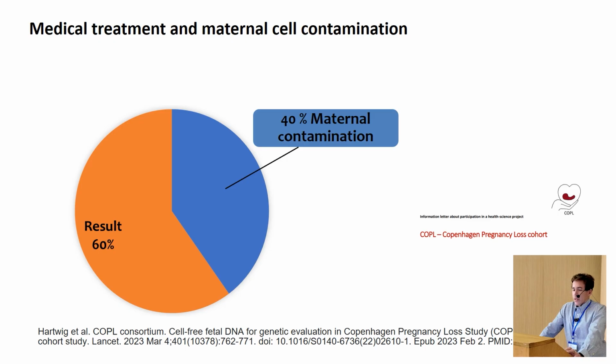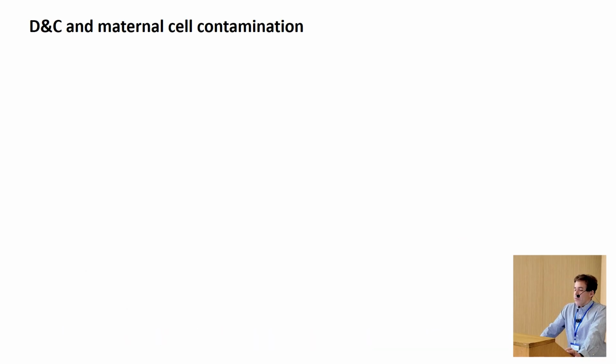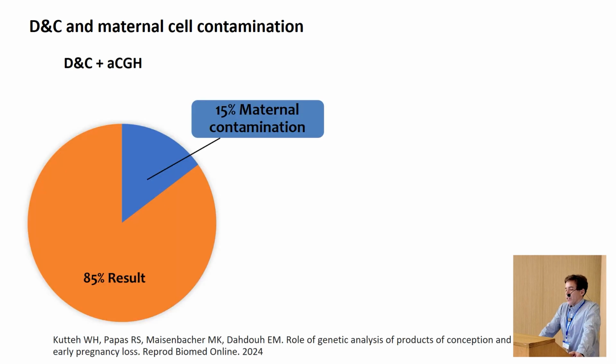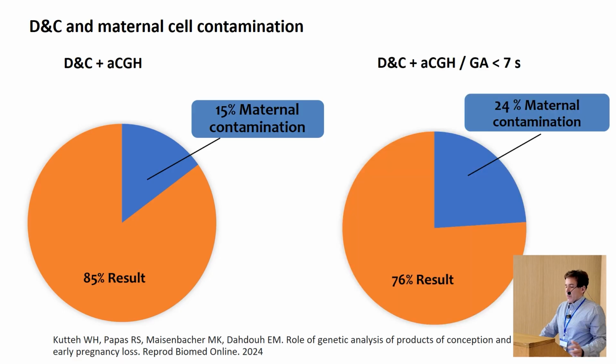And when we do D&C and ACGH, 50% of the results were maternal contamination. And with D&C and ACGH in gestational age lower than 7 weeks, 24% of them had no result because of maternal contamination. So that's why embryoscopy, if we want to have a result and have no maternal contamination, is a good option.